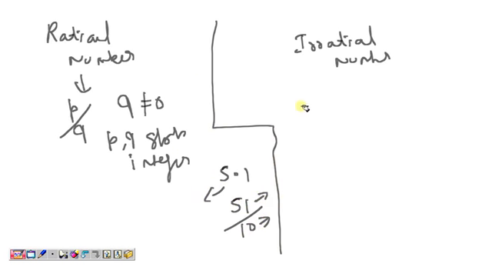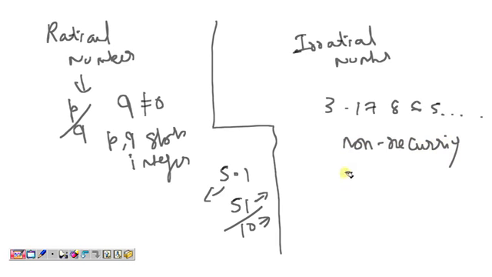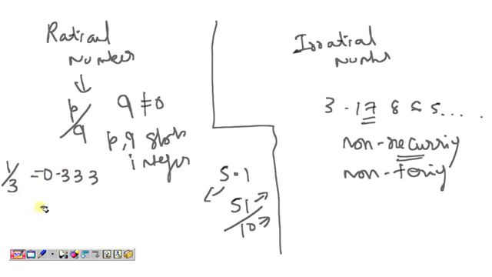When do you call something an irrational number? Suppose you have a decimal like 3.178365 where you cannot finish dividing, the decimals keep on continuing and are non-recurring and non-terminating as well. Recurring means the decimal pattern repeats. For example, 1/3 is 0.3333, written as 0.3 bar.